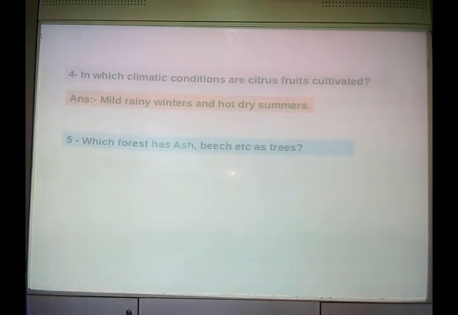Which forest has ash, beech, etc. as trees? You have to name the forest from where these trees like ash, beech and other trees like this are being found.